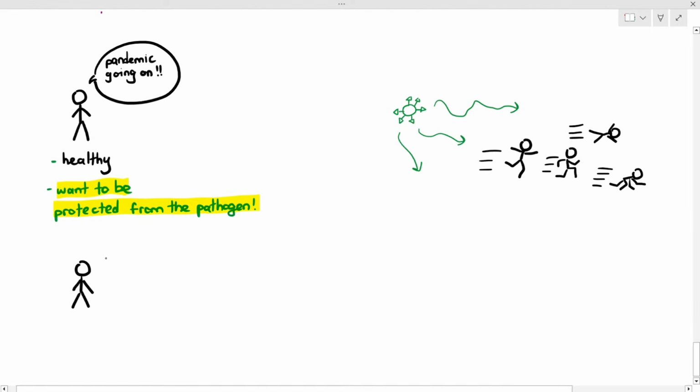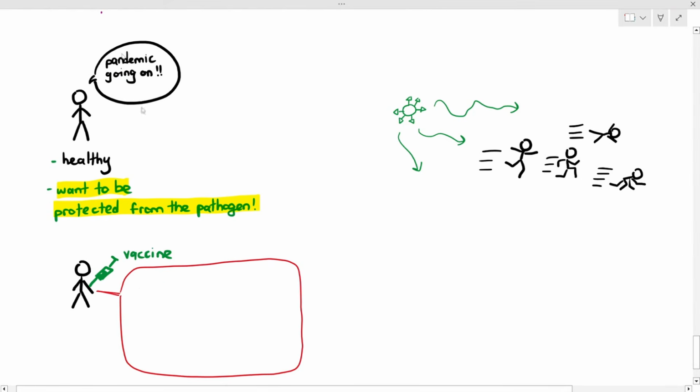In that case, what you can do is inject the person with vaccines. So the vaccine, which contains the dead pathogen or the antigens, will enter the person's body, but will it cause the infection? Will it make the person sick? No, it won't, because the vaccines are just dead pathogens or antigens, unable to cause the infection.